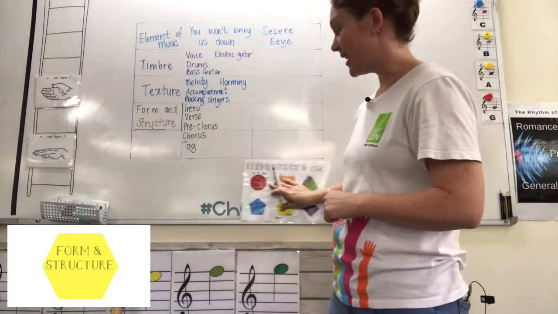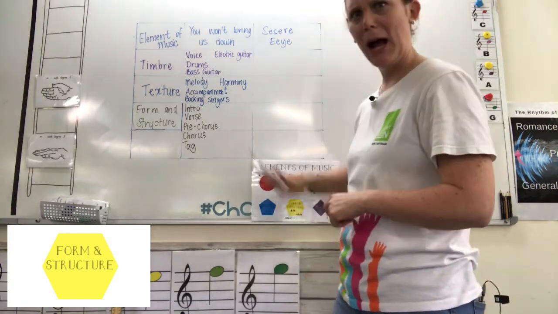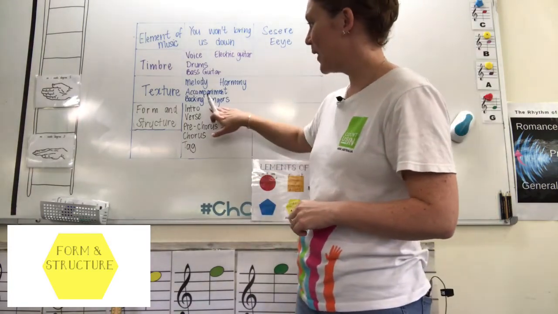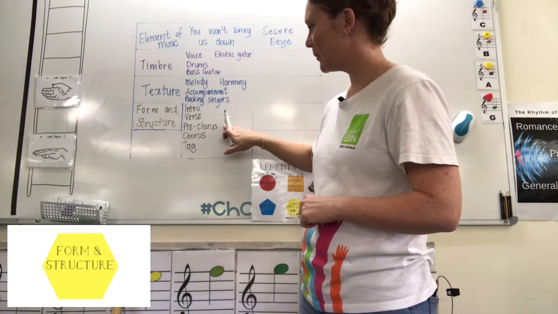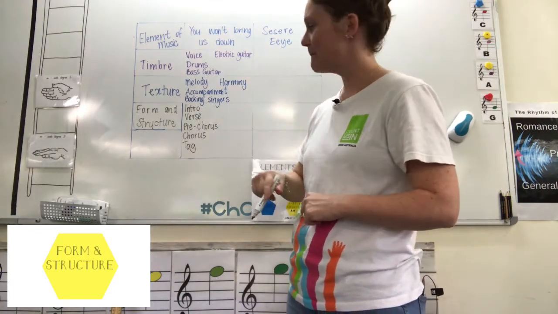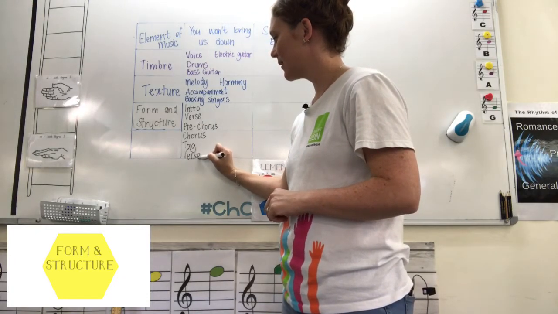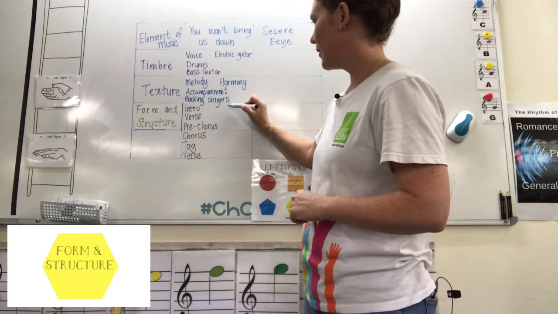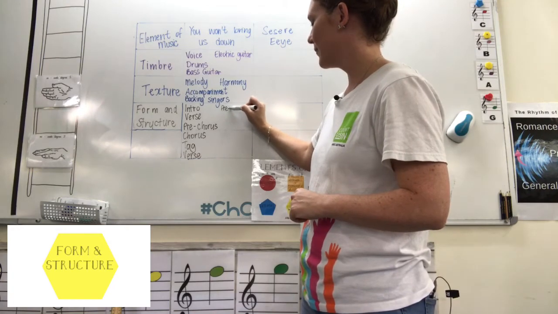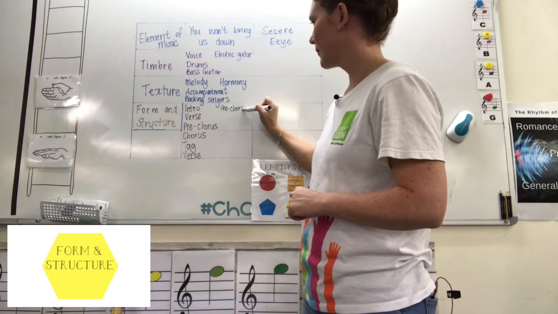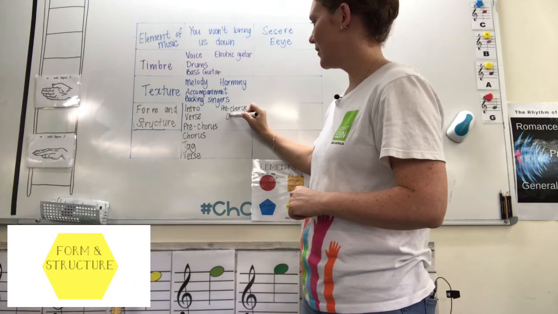The tag is the na-na-na part. I have to make a little bit more room on my board. So intro, verse, pre-chorus, chorus, tag. The next one was the verse again. I'm going to come back up here. Then we went to the pre-chorus again. Then the chorus.